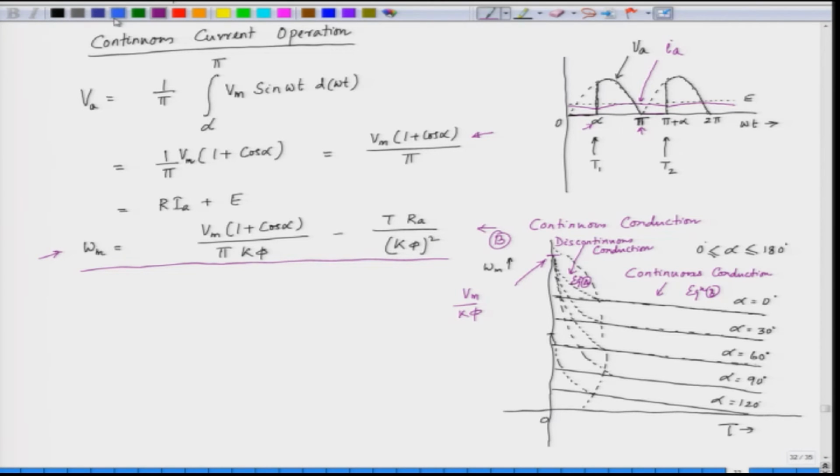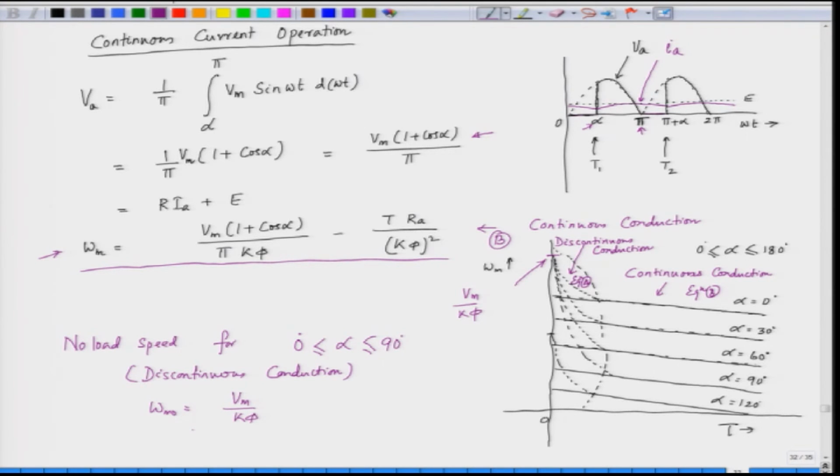So, we can write here that no load speed for alpha greater than 0 and less than 90, when the conduction is discontinuous, is given by omega m naught, that is equal to V m by k phi.